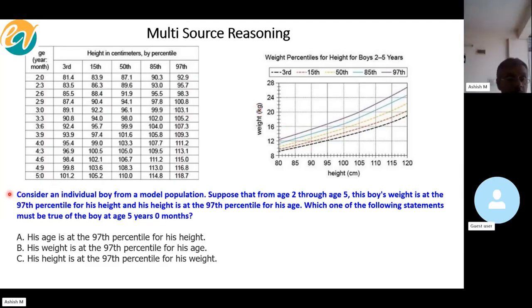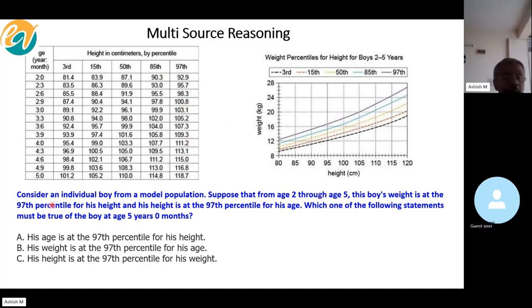Now look at this. Consider an individual boy from a model population. Suppose that from age 2 through age 5, this boy's weight is in the 97th percentile. Mind you, we are not talking about height in the 97th percentile.